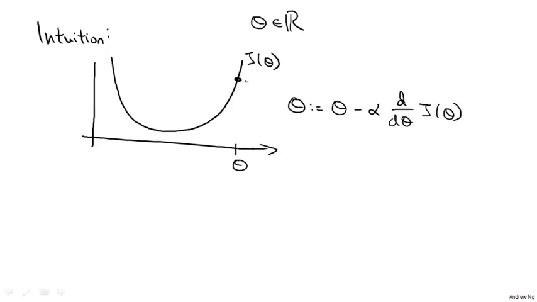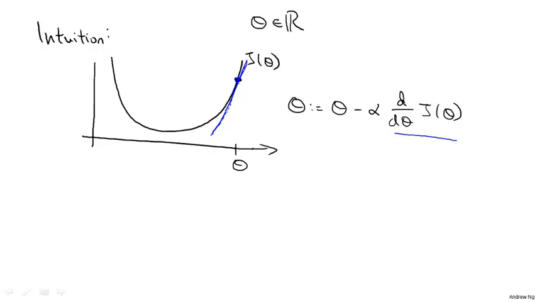Depending on how much calculus you remember, you may get different amounts of intuition about this. If you don't remember any calculus, hopefully you follow some of this, but you'll still be able to implement the algorithm just fine without understanding the calculus. If you remember some calculus, you may remember that this derivative term gives you the slope of the function at the point. That's what the derivative of a function measures: the slope of a function.